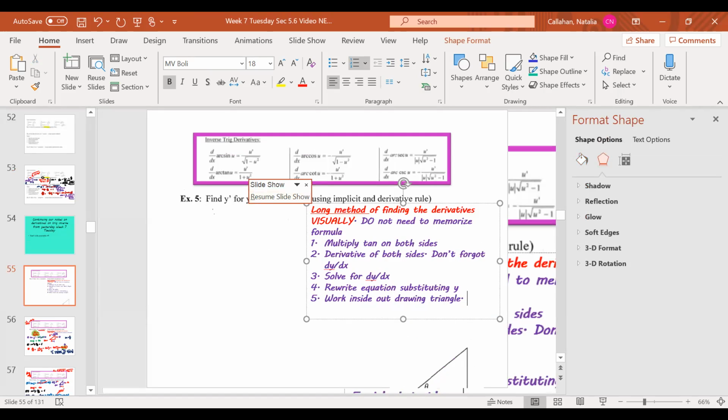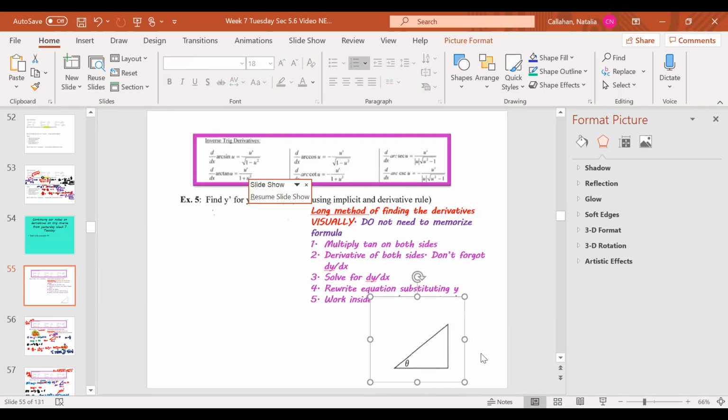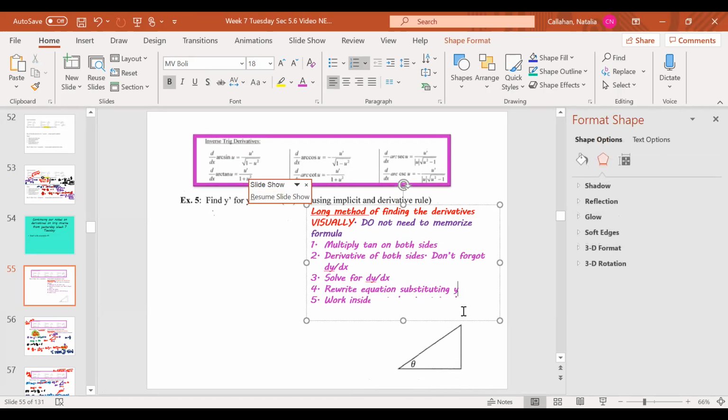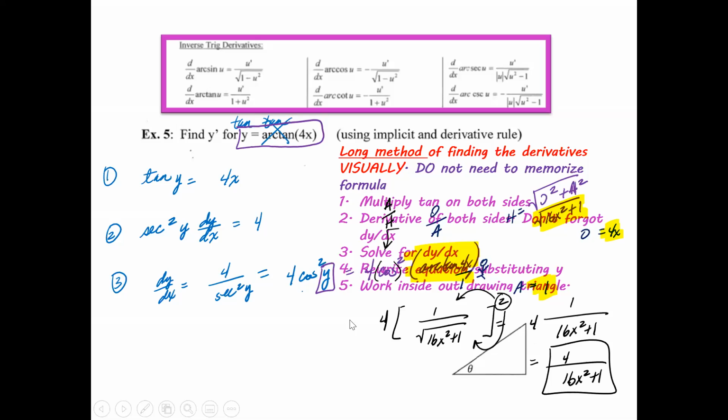All right, and that, you guys, are the steps for this. And it's important to have those steps so that you know what it is that you're doing, what your goal is for this. All right, so then let's go ahead and move on to the next one.